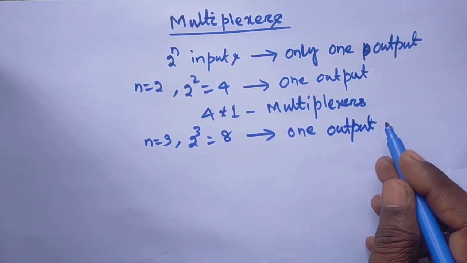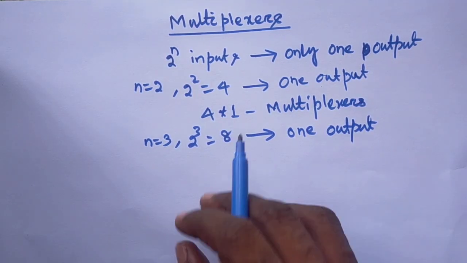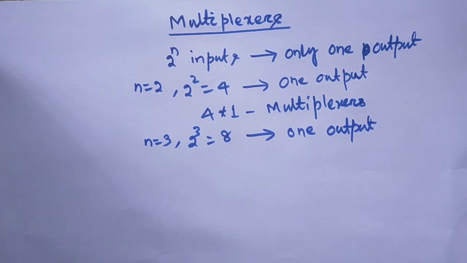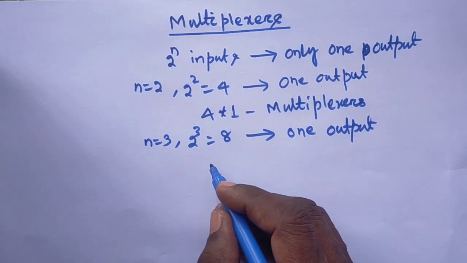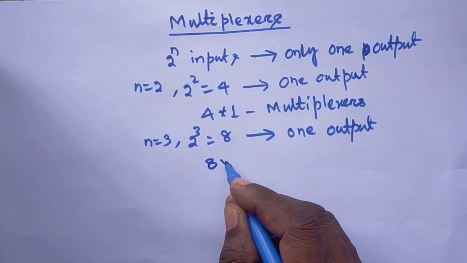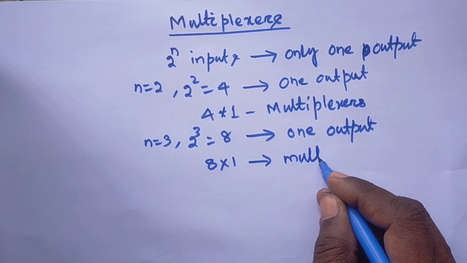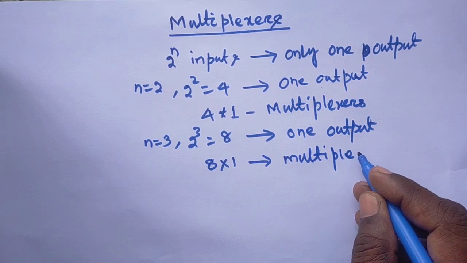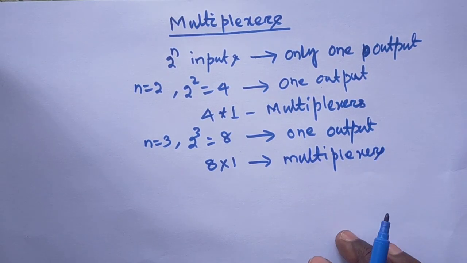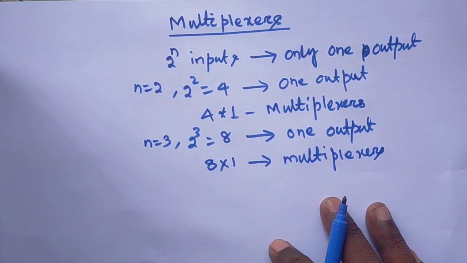This model we call an 8-1 multiplexer. In this way, we can design different multiplexers. Whichever model is required, we can design accordingly.